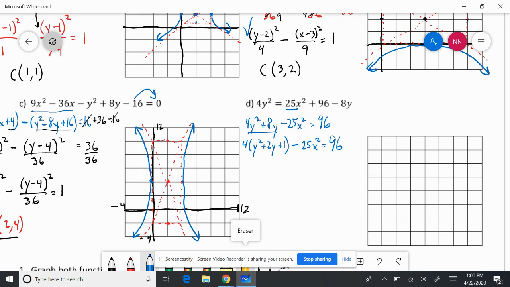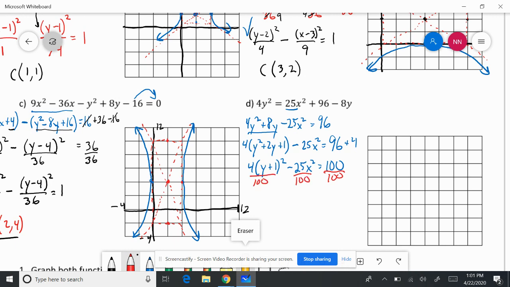I have 96, and 4 times 1 is 4. And then I'm going to factor. That becomes (y plus 1) squared minus 25x squared equals 100. Now, once again, I'm going to divide each side by 100 because I want it equal to 1.